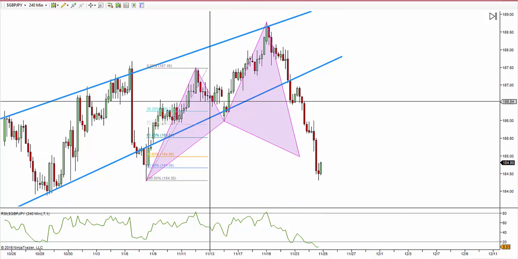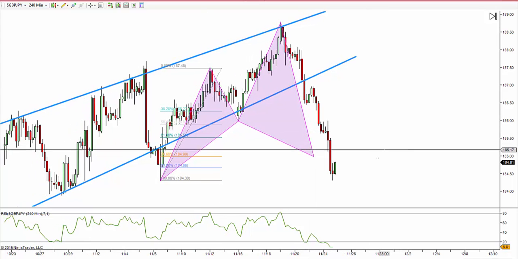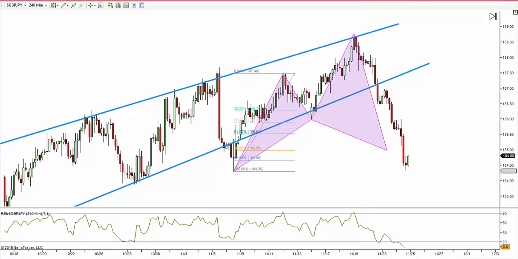Now I identified this pattern. I was waiting for it to come down, see if we could get a completion. The problem with it was, for me, my stop would have had to be below X as normal. Now this structure level here, I'm just going to use my pointer instead. Okay, the X leg, the beginning of the pattern starts here. I need to be below that structure level.